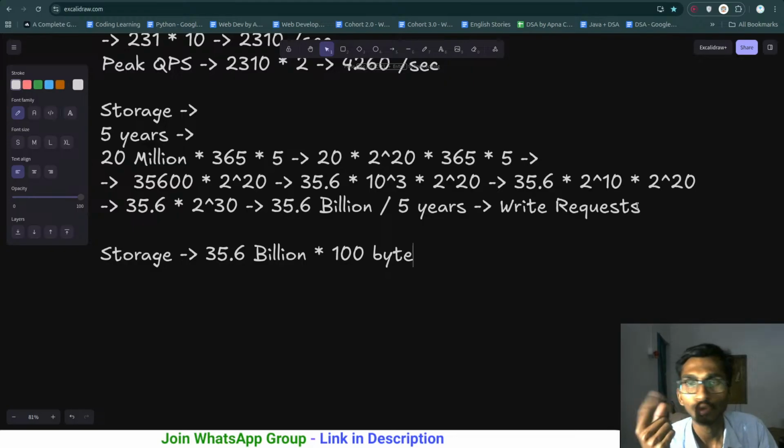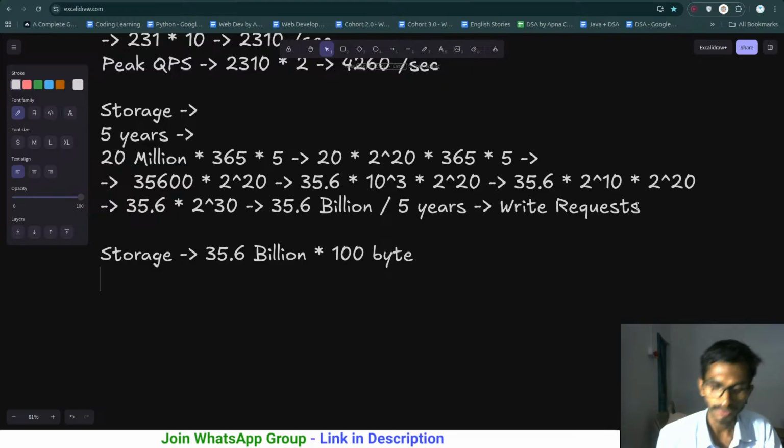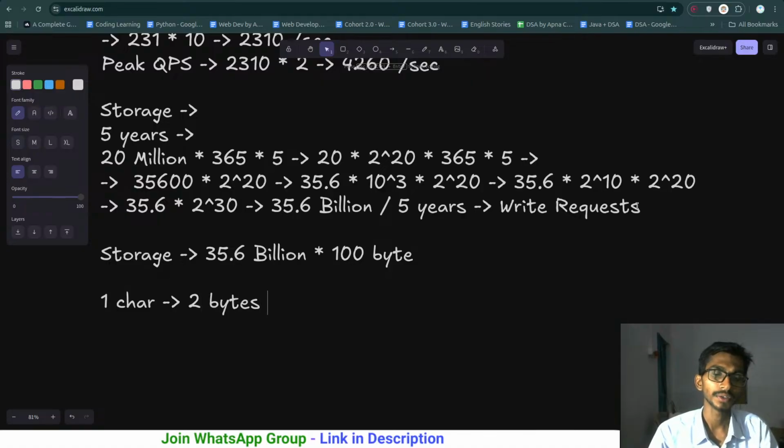One character is 2 bytes. So if there is a URL, that URL can have at most 50 characters, and even 50 characters is a lot. It may have 20 characters or even less. That's going to be the short URL. Suppose the short one has 15 characters, the long one has 30 characters, plus some extra data.